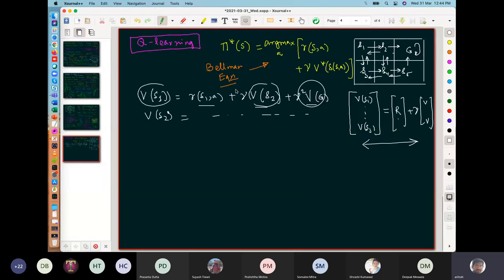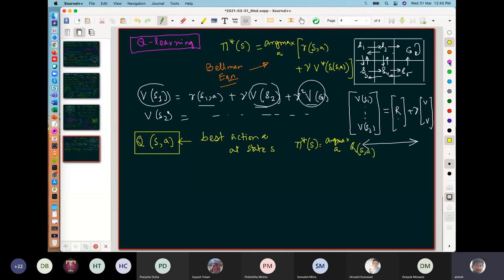However, let us try to model this problem in terms of why Q-learning comes, because people try to model this in terms of a function called Q(S,A), which says what is my best action A at state S. If somebody could give you this, then your pi star, the optimal policy, is nothing but maximizing Q with respect to A at S. Just imagine somebody provides you this.